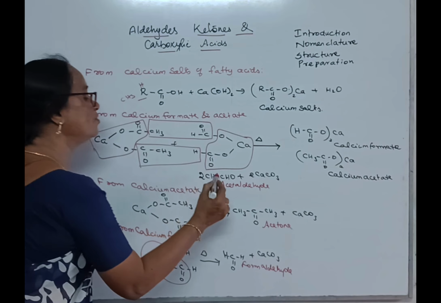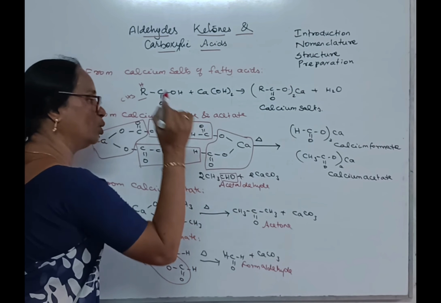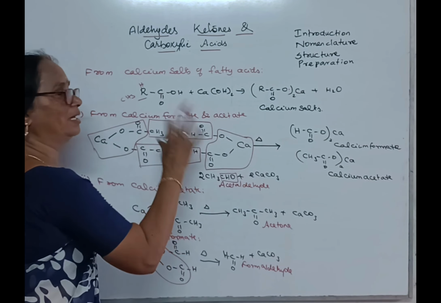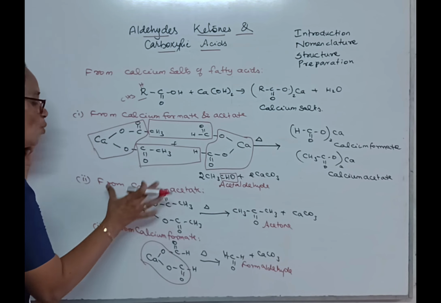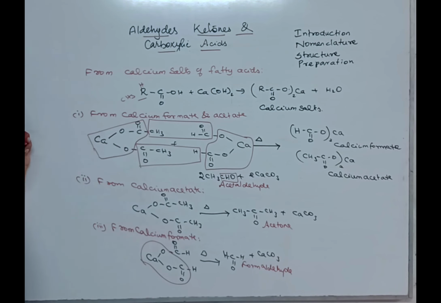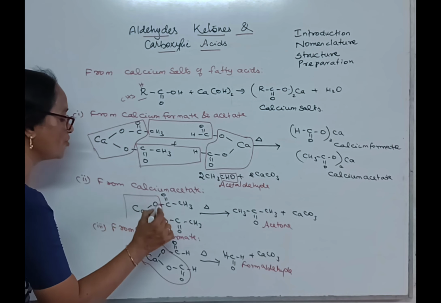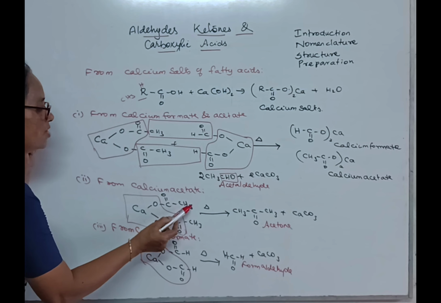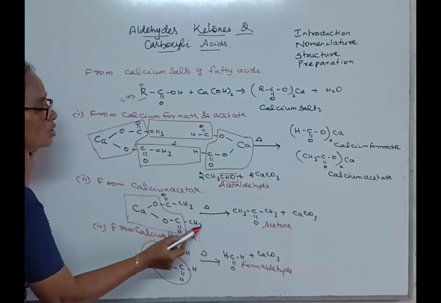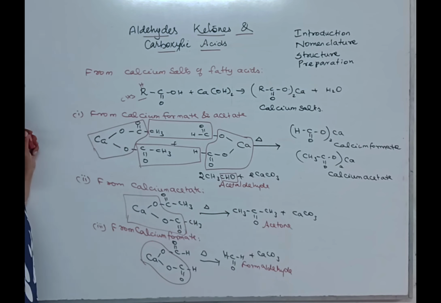So to have the aldehydic group, you have to take calcium formate as one of the fatty salts. And if you have only calcium acetate, then there is a loss of calcium carbonate from the same salt itself, and we can have CH3COCH3, acetone, and calcium carbonate is formed.